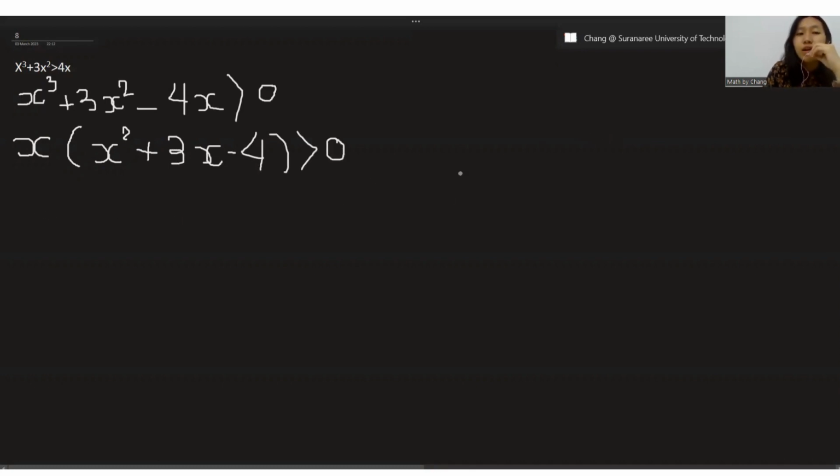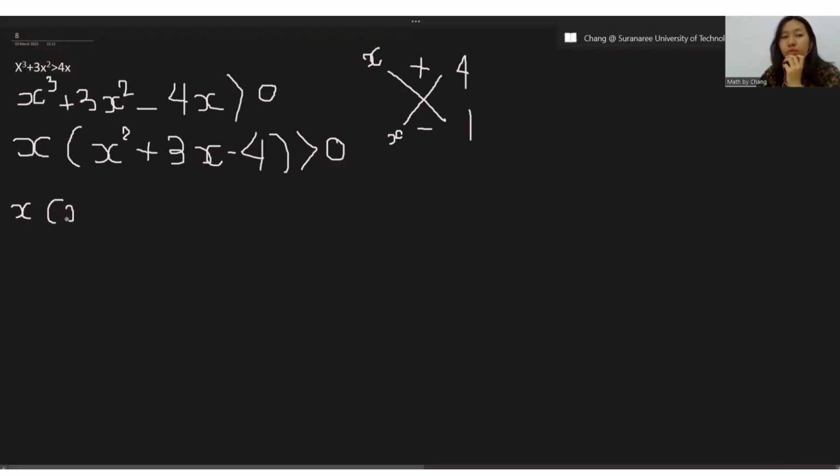Okay, so let's factor out the quadratic. When you factor 4 into 4 and 1, as the middle one is plus, you have to use the plus in front of the bigger one. So these are the two factors that you got from here: x plus 4 times x minus 1.